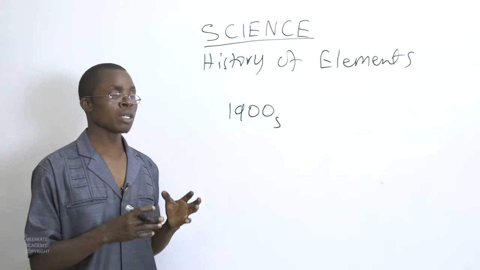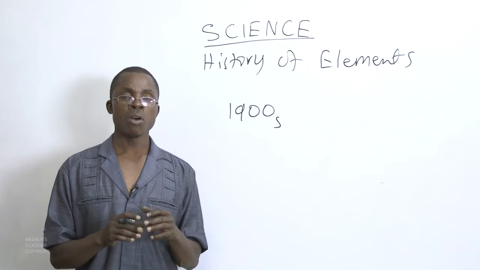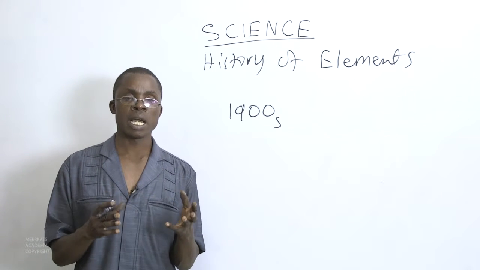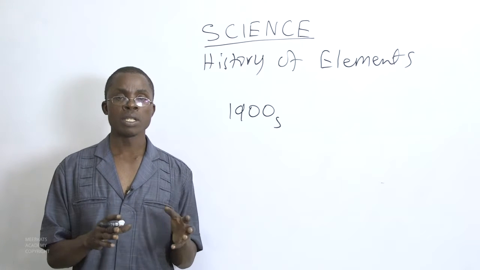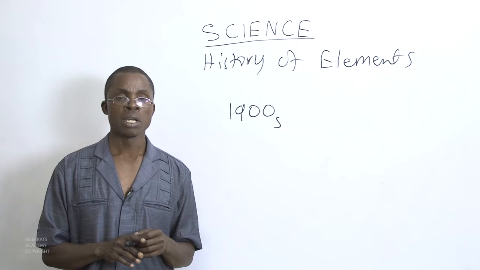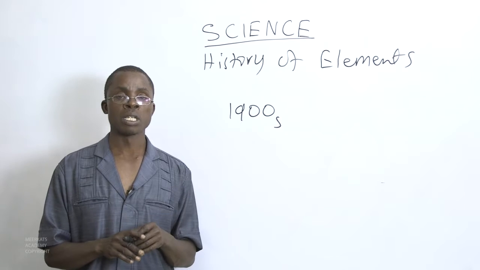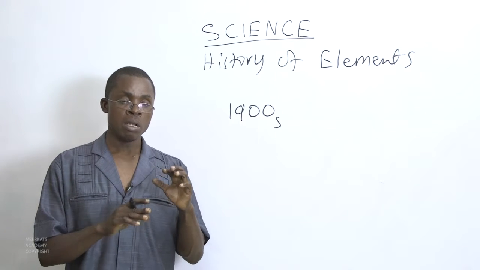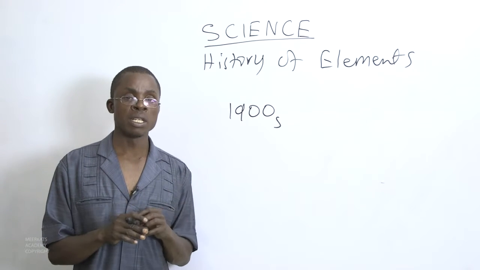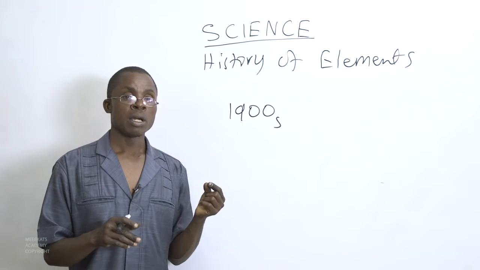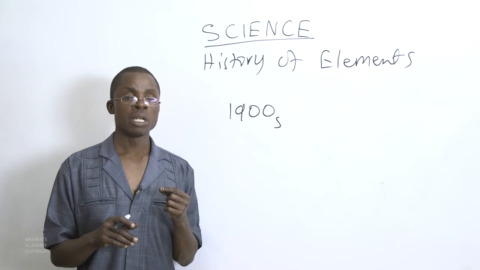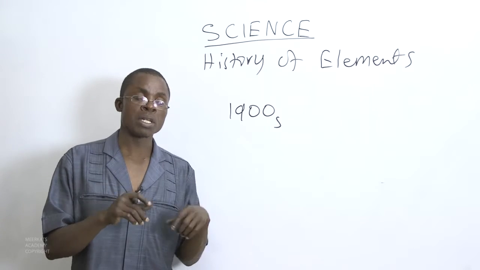Because an electron being shot will obviously create a change in the way that aluminium responds, because electrons, as we know today, are negatively charged. By then, that electron was not known to be negative, but it was shot.